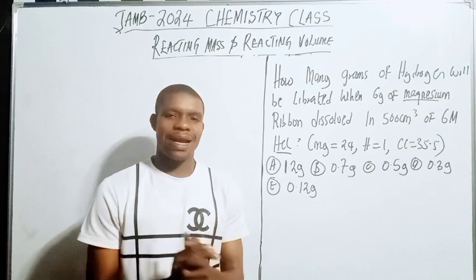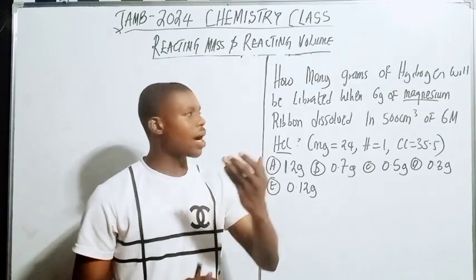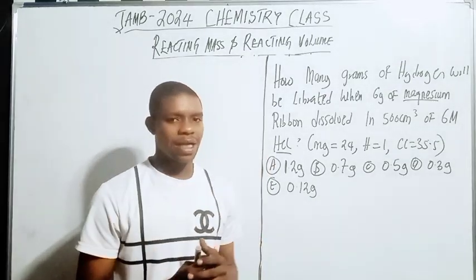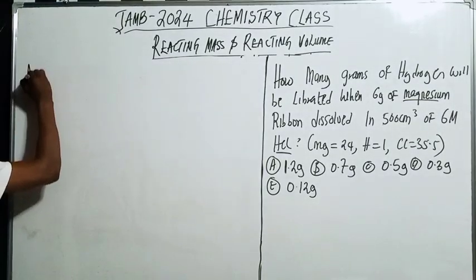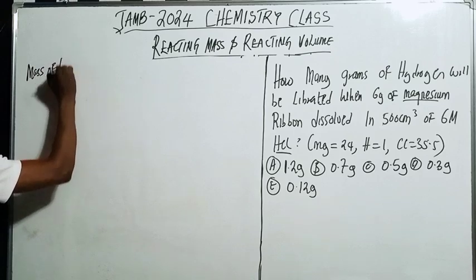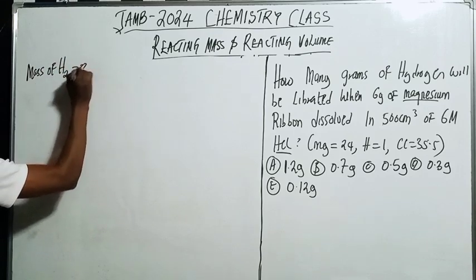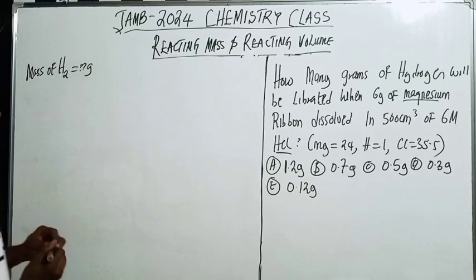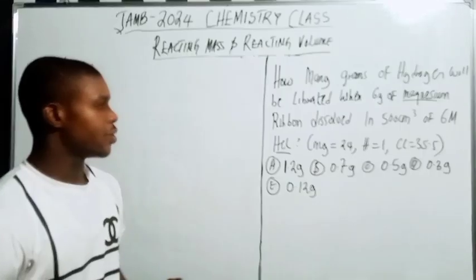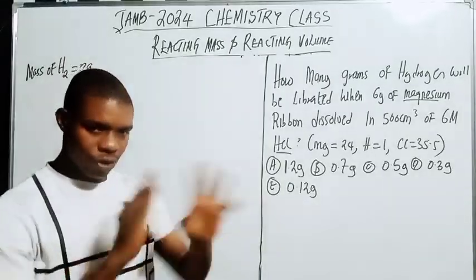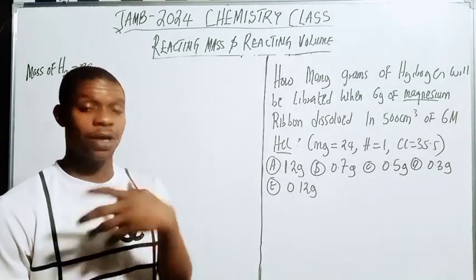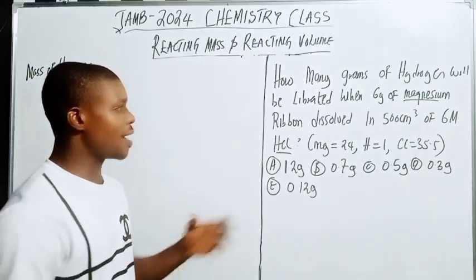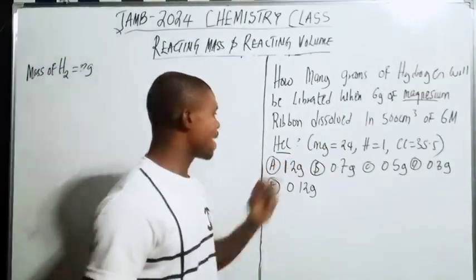But before you write a balanced chemical equation, let's write out all our parameters at first. So how many grams? They are looking for the mass of hydrogen gas that will be liberated, or that will be formed or produced, when magnesium reacts with hydrogen chloride.